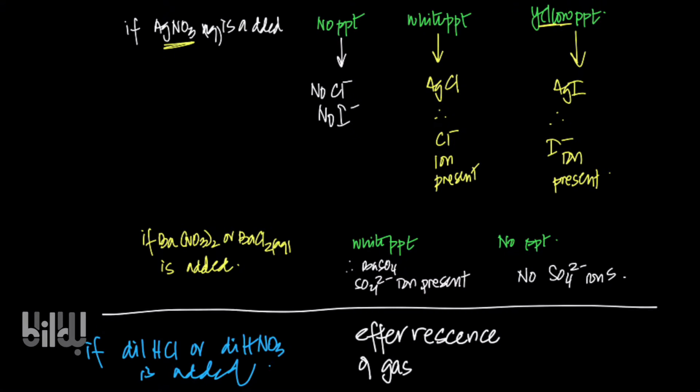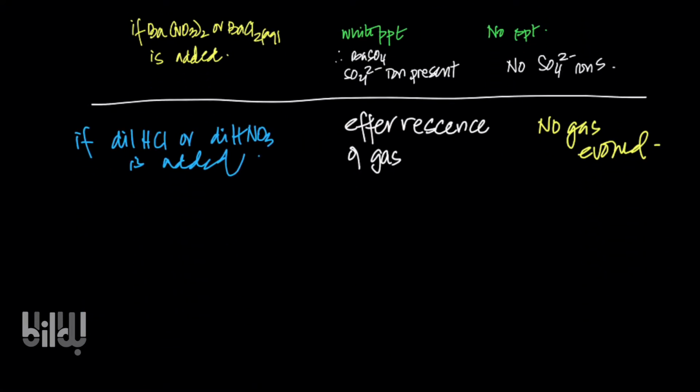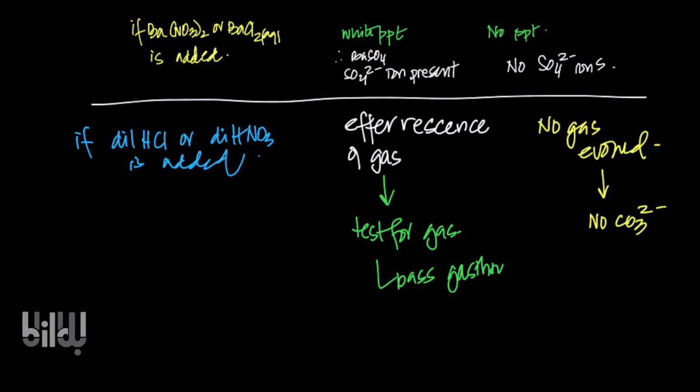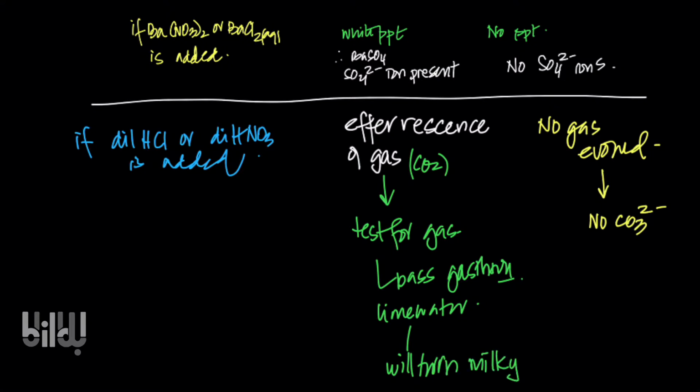Effervescence of a gas and no gas evolved. Now if there is no gas evolved, then it definitely means no carbonate. And if there's an effervescence of gas, then you test the gas. Pass the gas through lime water. And because the gas is carbon dioxide, lime water will turn white. We call it milky. Yeah?